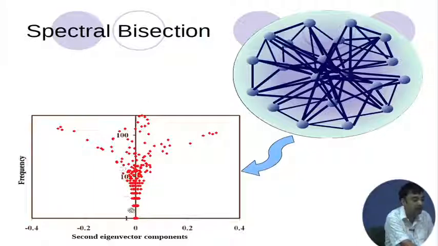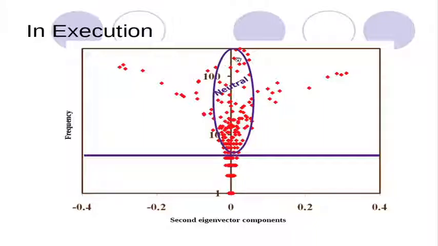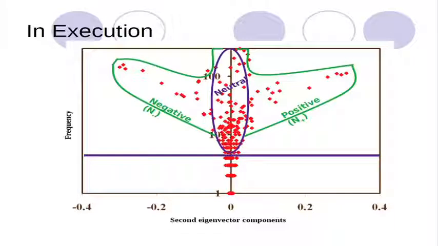But there is also a set of nodes very close to 0. This is what we call the neutral class. It is very difficult to identify whether they belong to the positive or negative class, because their eigenvector entries are very small, whereas you have one clearly defined negative class and another clearly defined positive class.